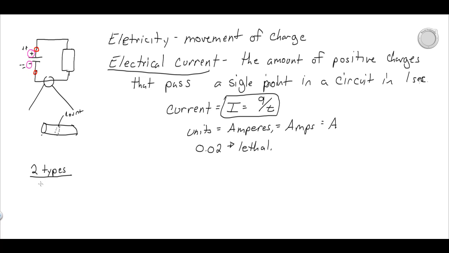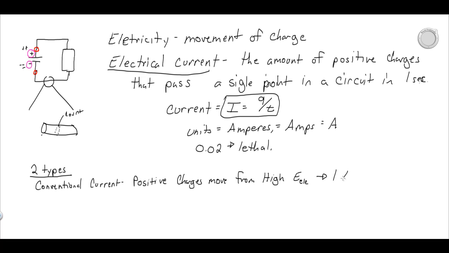We have the conventional current, which states that positive charges move from high electric potential energy to low electric potential energy.